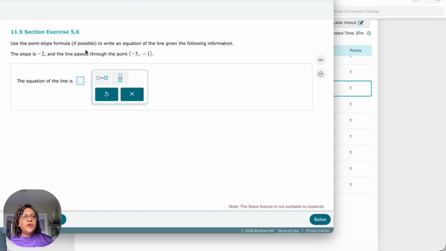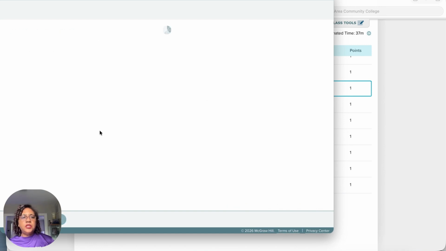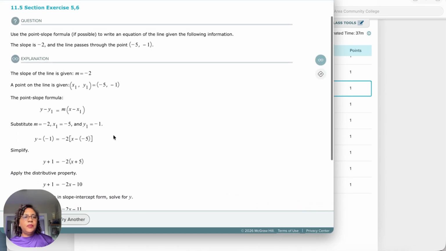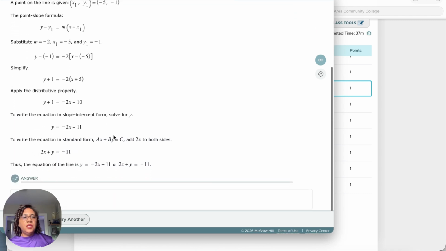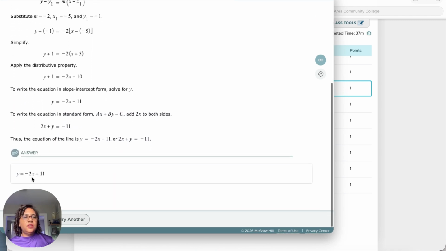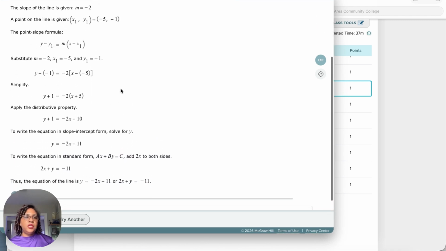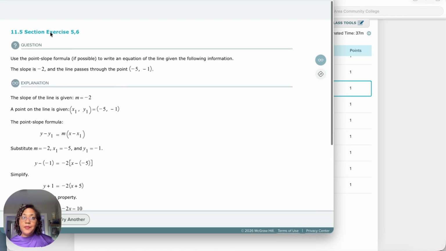Use the point slope formula to write an equation of a line given the following information. Just need to know the point slope form, plug the numbers in where they go, and you end up with a slope intercept form. So just go through the examples, find the topic. 11.5 is section 5 and exercise 6.